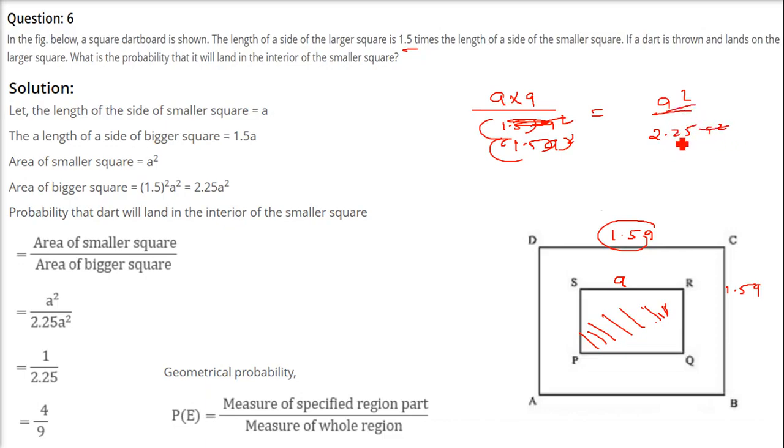So 1 by 2.25, which is 100 by 225. This is going to give you 4 by 9. 25 4s are 100, 25 9s are 225. 4 by 9 is the geometric probability. Always remember, for the geometric probability, it should be the measure of the specific region part which we are interested in, divided by the measure of the whole region.